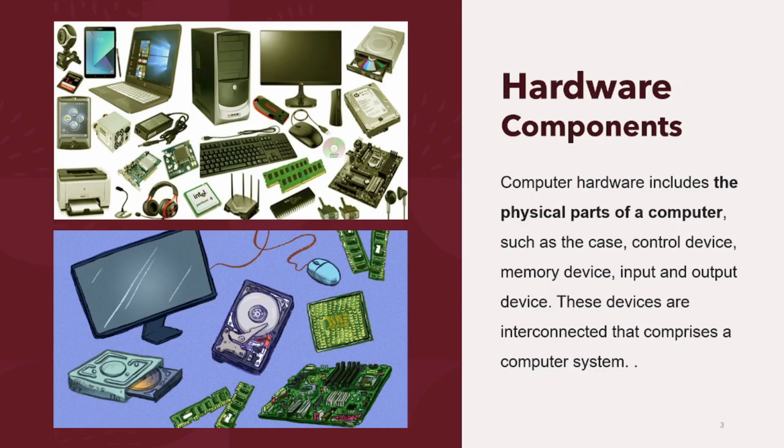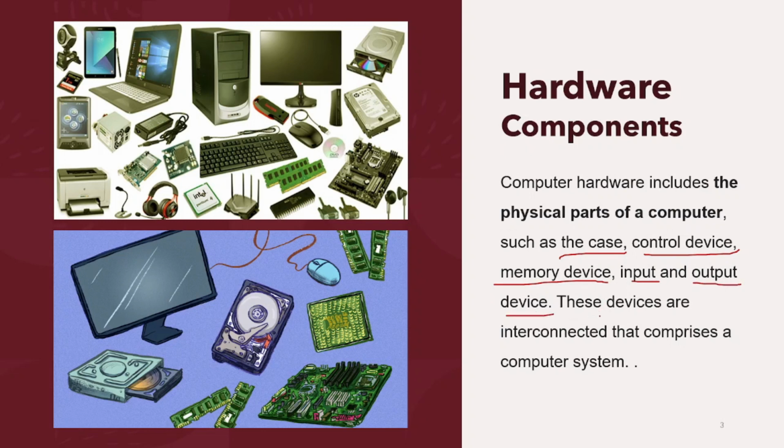Let's start with the definition. The computer hardware includes the physical part of a computer. That is not limited to the case, the control device, the memory device, and the input and output devices.